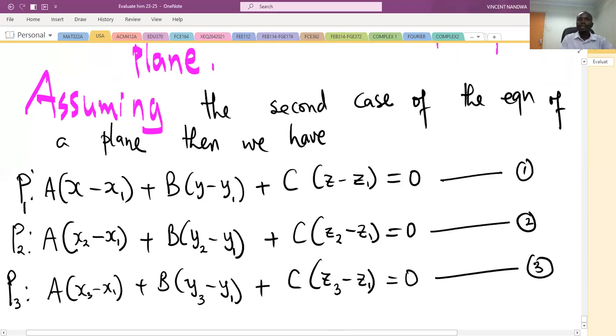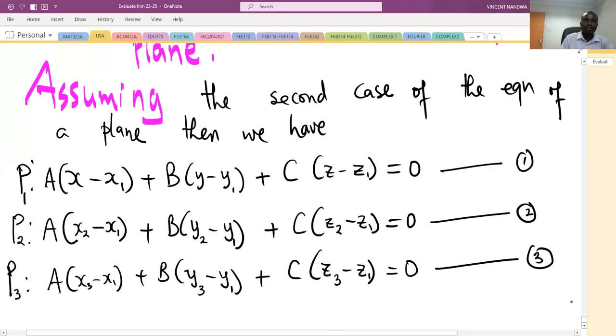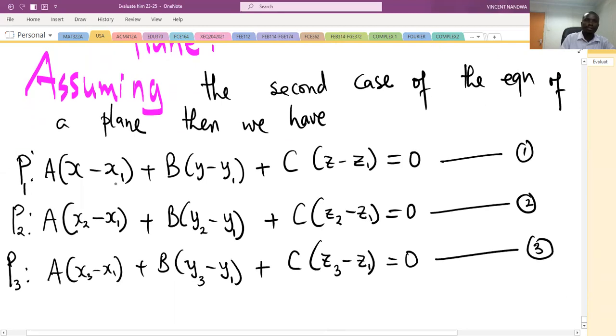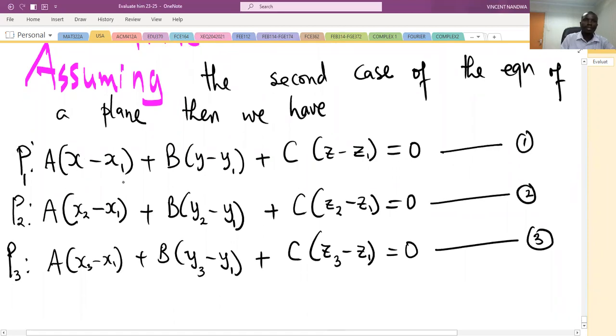Also using the same linear algebra property, to solve for A, B, and C, we take the determinant of the matrix of coefficients, the xj minus xi's.